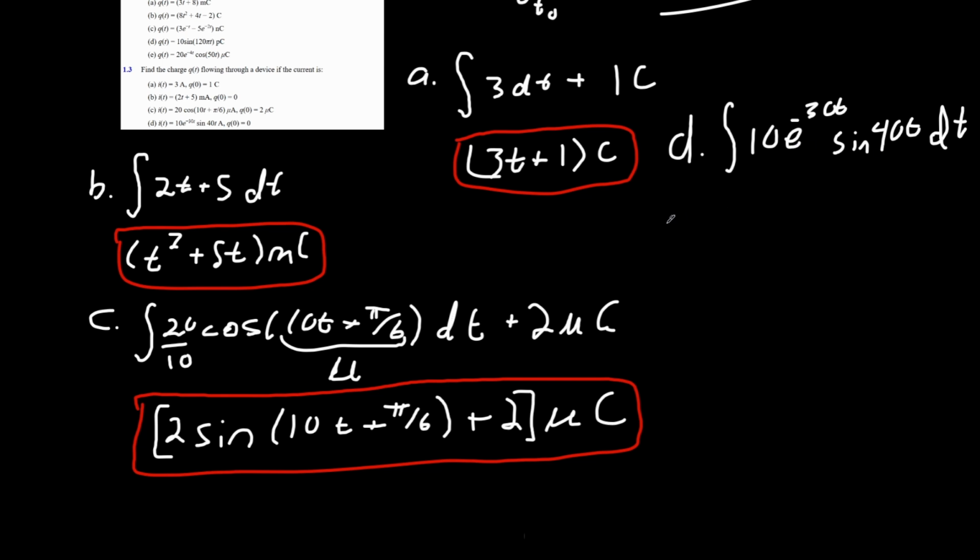This is going to equal e to the at over a squared plus b squared, multiplied by a sine of bt minus b cosine bt.